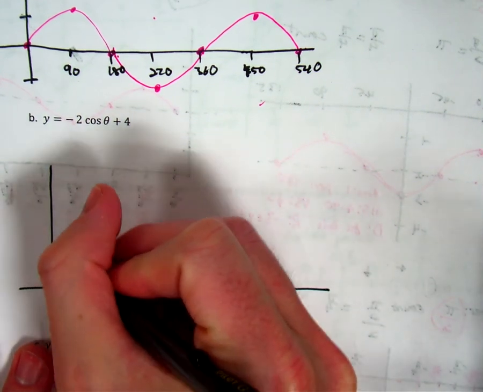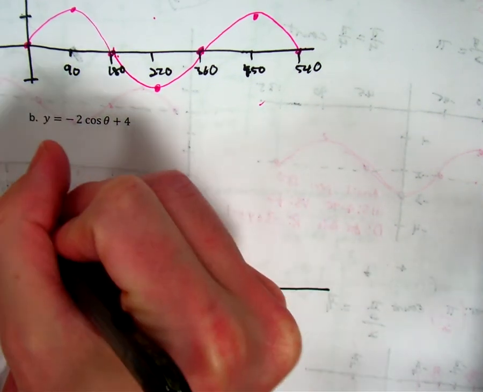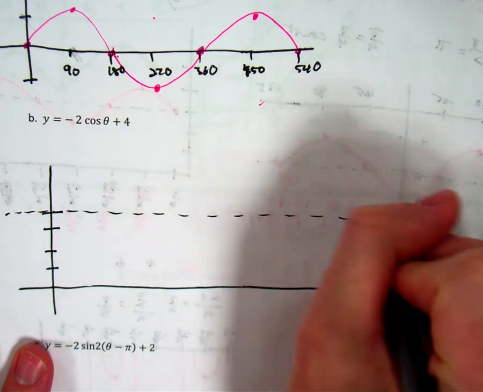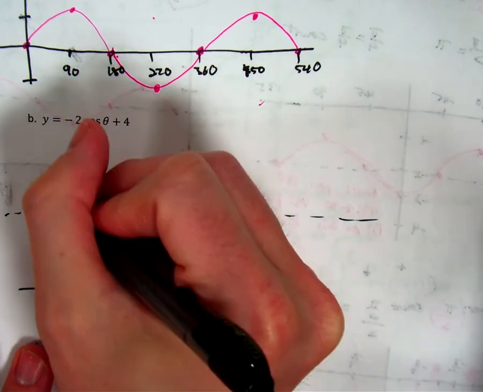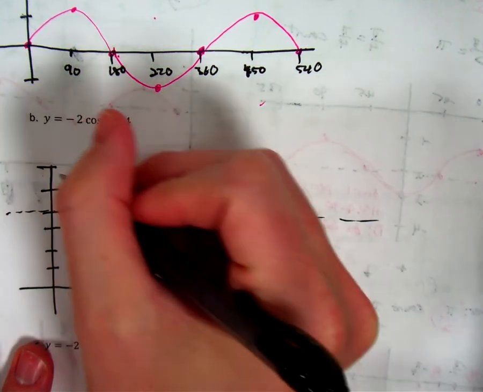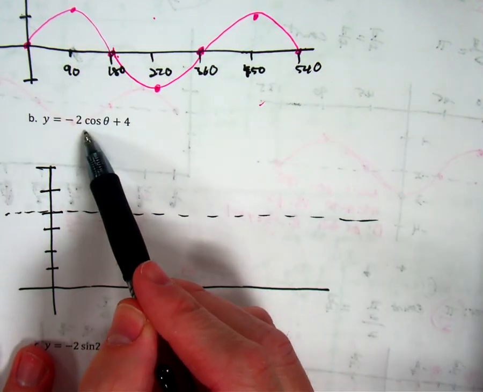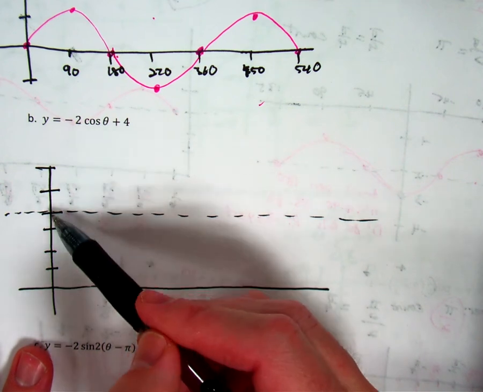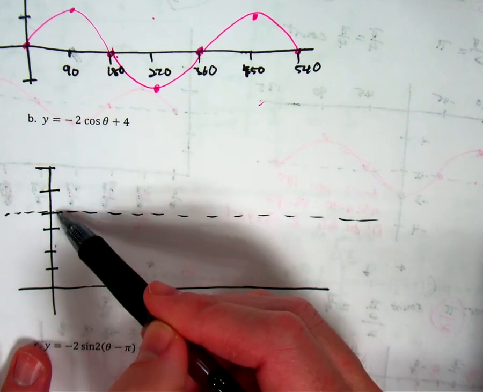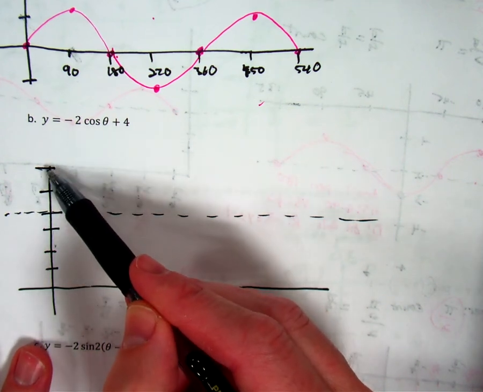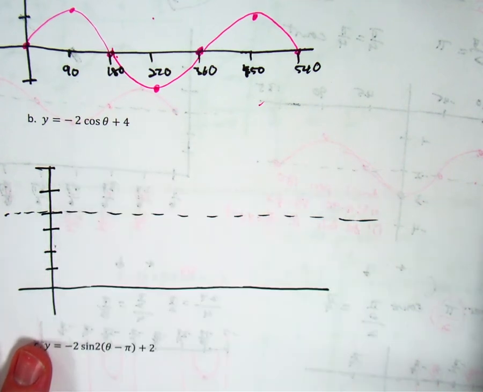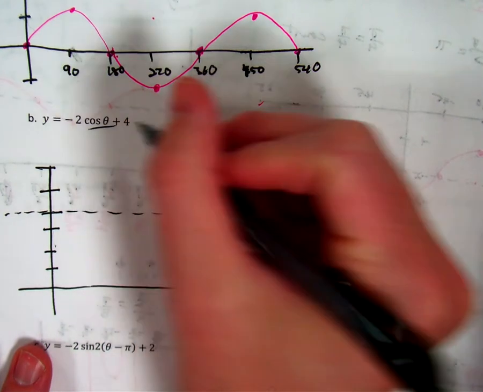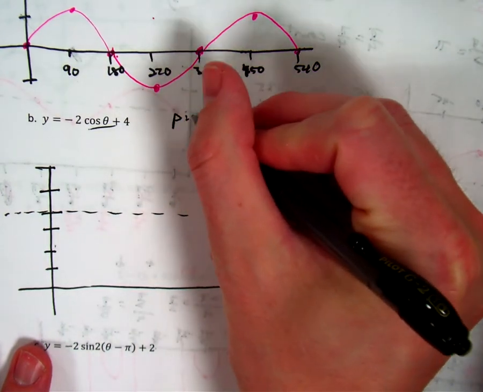We got 1, 2, 3, 4. There's my new midline. 5, 6. I'm seeing the 2 here, so I know I need to be 2 above and 2 below my new midline. So 4 is the new midline, so I know I at least have to go up to 6.